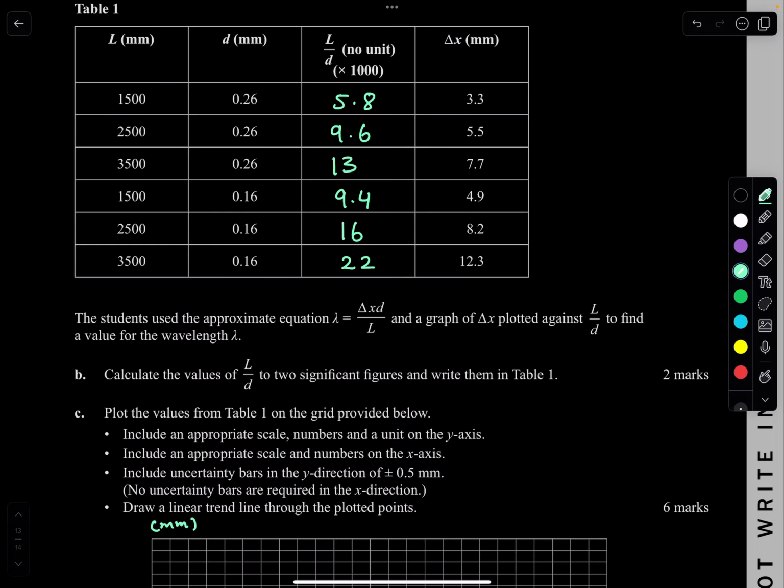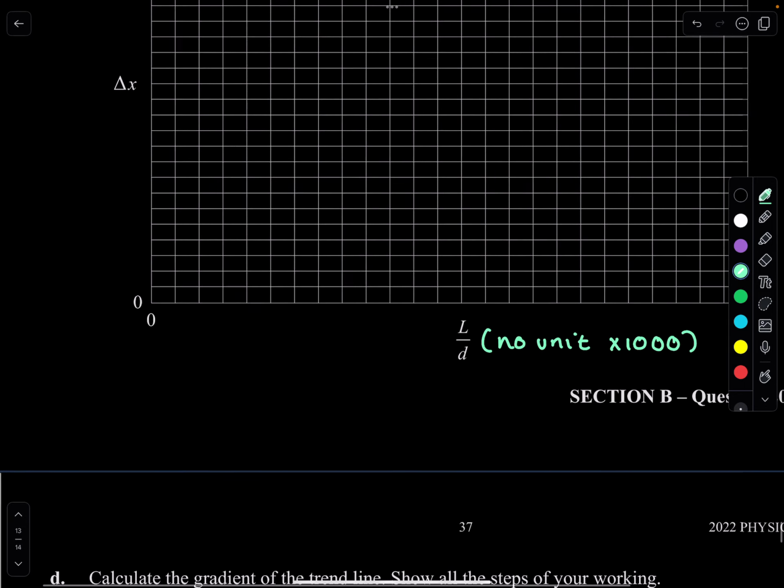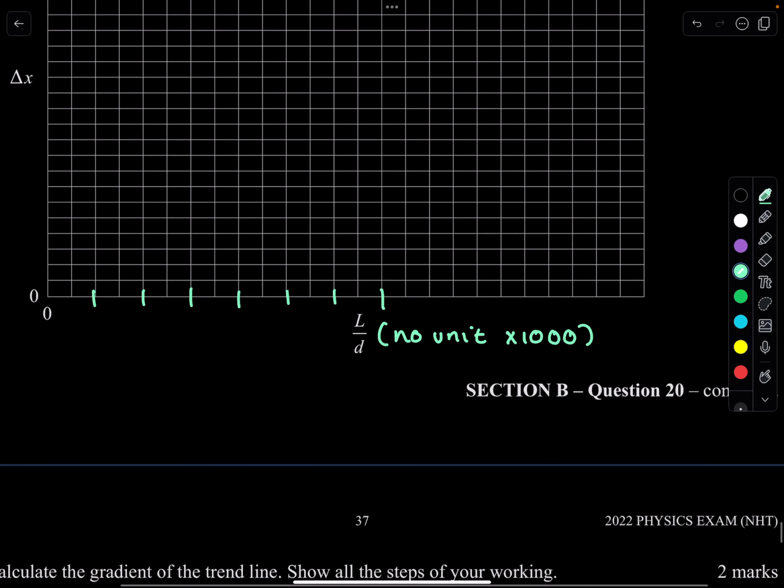It goes to 22 as the max. So if I went one by one for each, that's 2, 4, 6, 8, 10, 12, 14, 16, 18, 20, 22, 24. Good, it actually works. Each small square is 1.